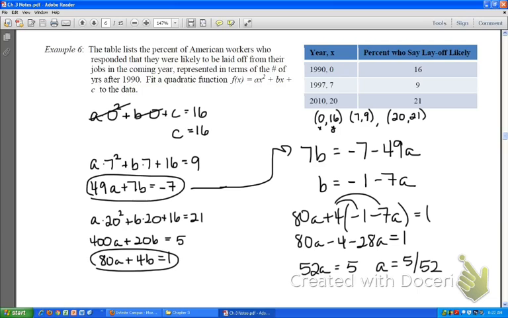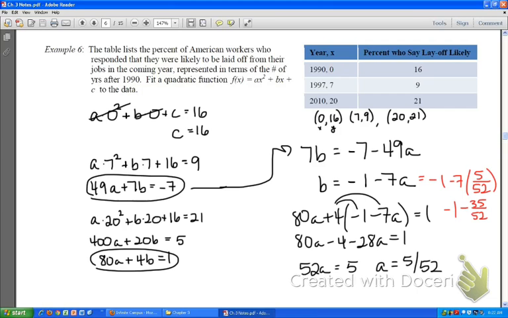Okay. Can I find B pretty easily now? Right here, right? So I'm going to pick another color so I don't lose myself. This is going to be negative 1 minus 7 times my A value, which is 5 over 52. It's okay that you guys are getting fractions. Go ahead and just deal with them. So this is negative 1 minus 35 over 52.